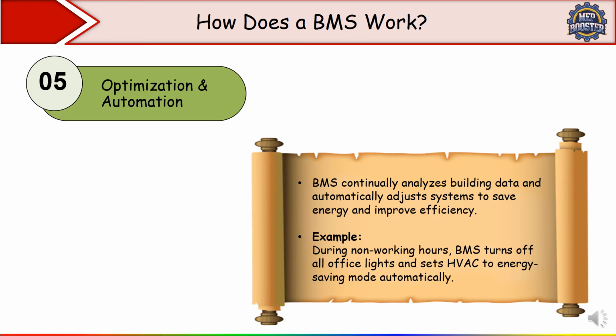During non-working hours, BMS turns off all office lights and sets HVAC to energy saving mode automatically. So the main function, I think you have understood: to turn off lights when an area is unoccupied and to reduce HVAC operation during night hours. Okay, so this is how the BMS works.